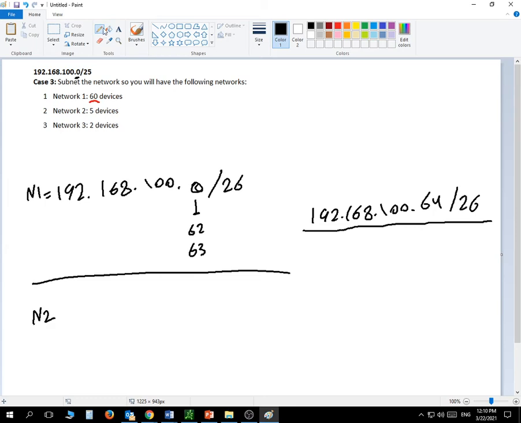So what I'm going to do here, I'm going to do the same thing I did previously. I'm going to come here and write it down. Now we know 192.168.100, no change is going to be applied there. So 192.168.100.64. Oh, sorry, not .60, my bad. We'll just keep it that way. Now let's go ahead and do what we did before.